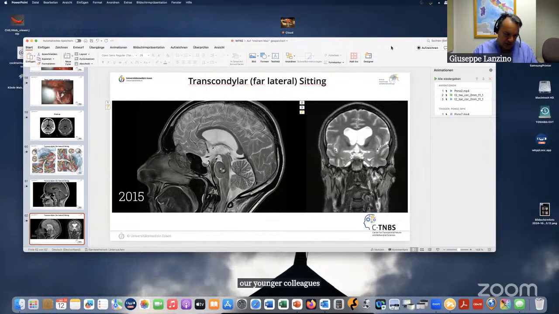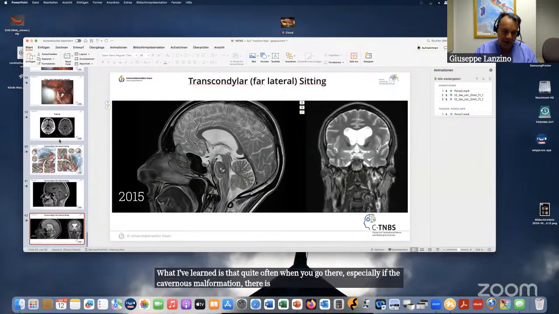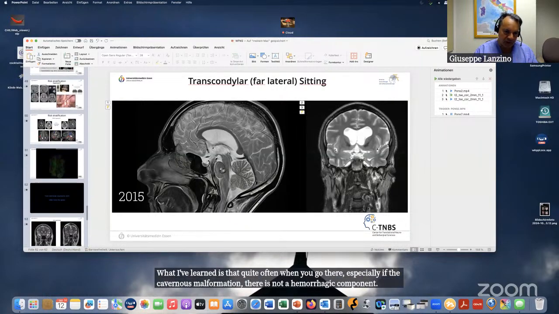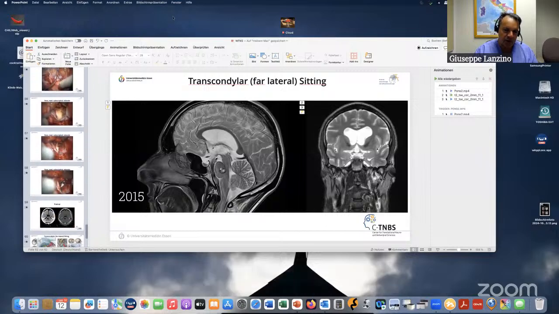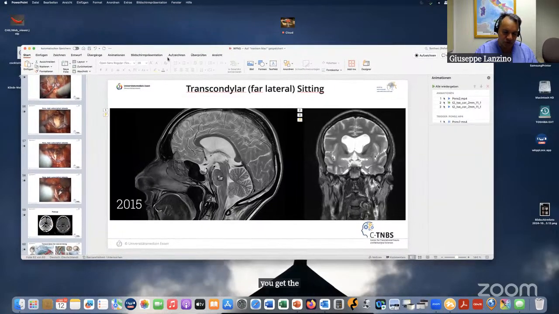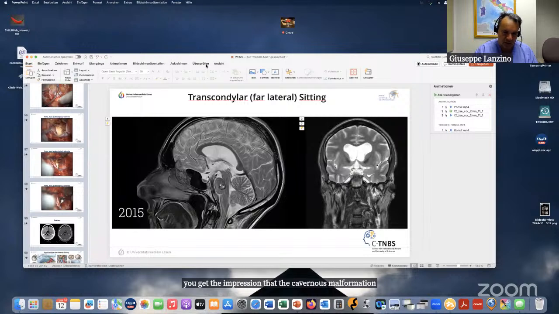What I've learned is that quite often when you go there, especially if it's a cavernous malformation, there is not a hemorrhagic component. You get the impression that the cavernous malformation is really stuck to the surrounding brain.